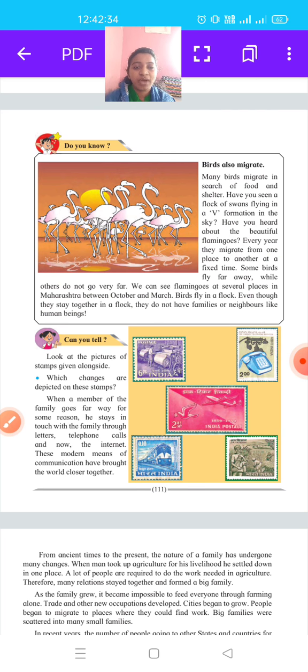So, children, if your family member goes far away from you or your family, which means the member is migrating because of a job, study, or marriage, you stay in touch with that member by letter, telephone calls, or internet. The internet is one of the modern modes of communication, which brings the world closer and closer.